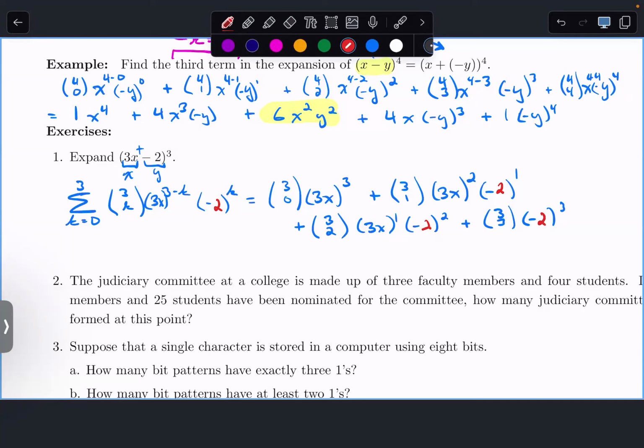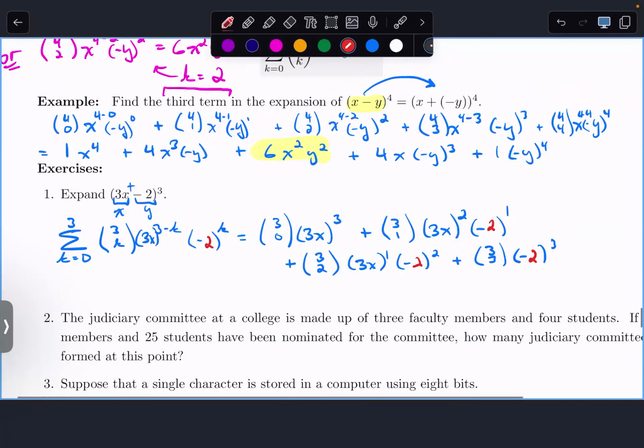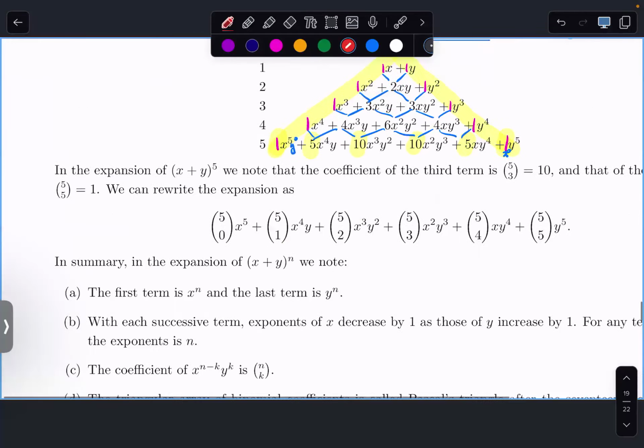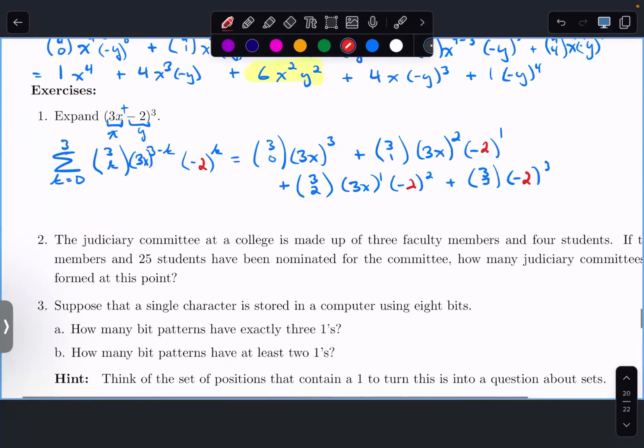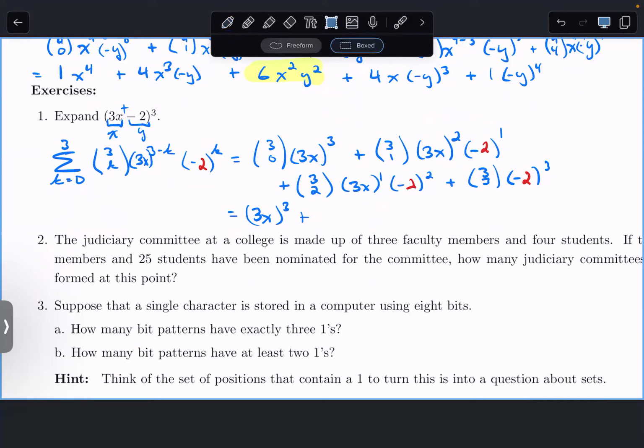Can do some simplification here. I think it's 1, 3, 3, 1 for the coefficients. So then I get 3x to the power of 3 plus... You can just leave it like that.